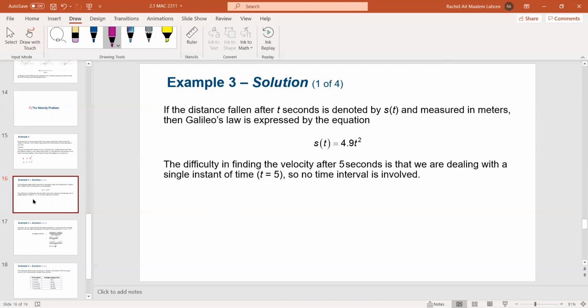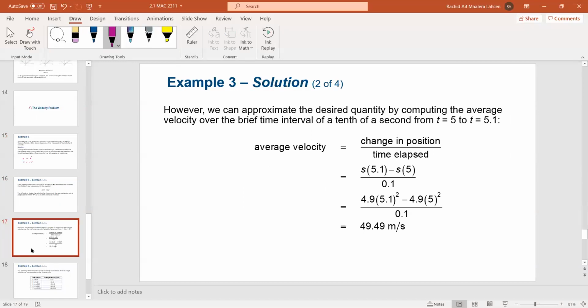The difficulty in finding the velocity at 5 seconds is that we are dealing with a single instant of time, so no time interval is involved. So how do we do this? Well, it's the same thing.